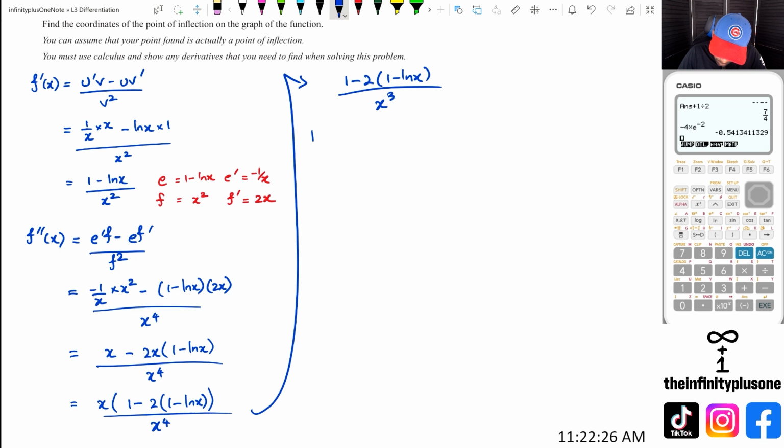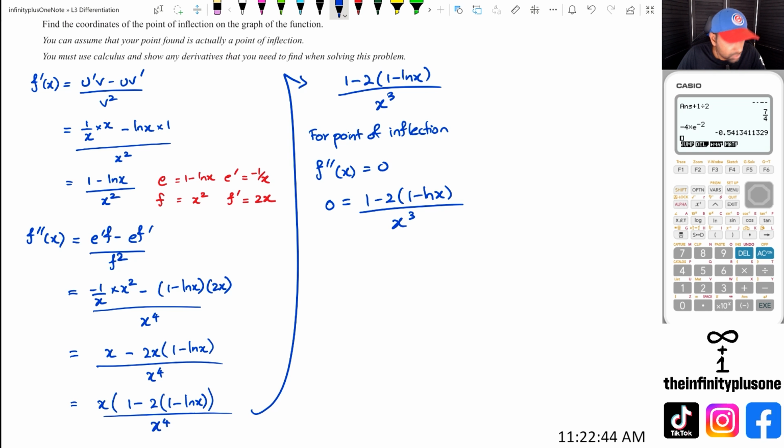Now I know that for a point of inflection, f''(x) is equal to 0. So I'm going to put 0 is equal to (1 − 2(1 − ln x)) over x³. Now the x³ disappears, and I'm left with 0 is equal to 1 − 2(1 − ln x).